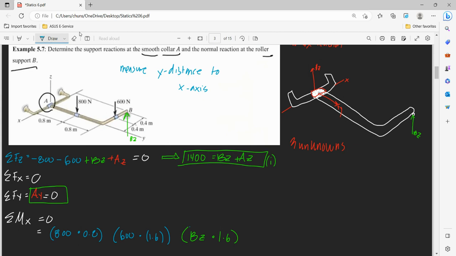So first things first, you're going to use the right-hand rule, and you're going to point your fingers along the direction of your force and curl them towards the axis you are measuring at. So use your fingers for the force, and then curl to your axis, right, so we're measuring at the x-axis. So say if we did that for 800 newtons, I'm going to draw our hand here. So this is our thumb of our right hand.